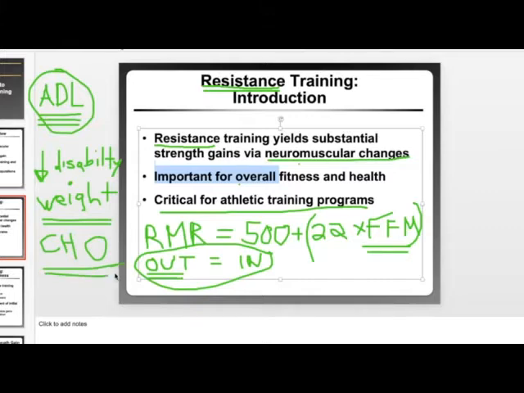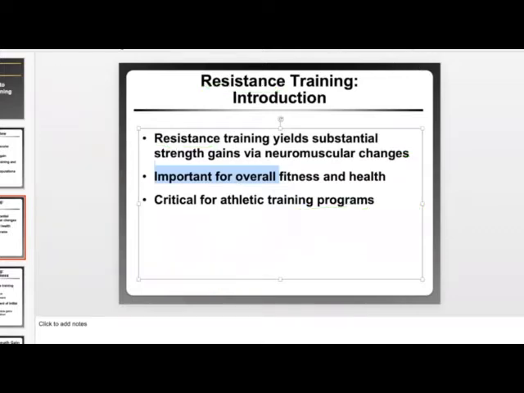And that would reduce our incidence or our prevalence of type 2 diabetes. All right. So I would say that more emphasis should be put on our resistance training as we continue to move forward and consider our weight management. All right, so in regards to that, let's go on to the next slide.